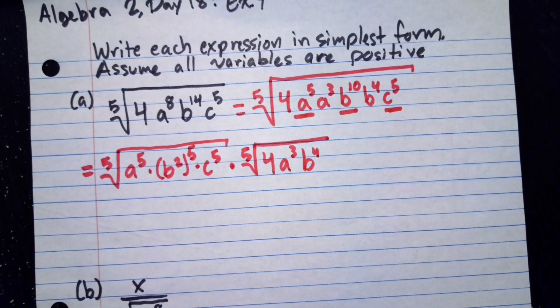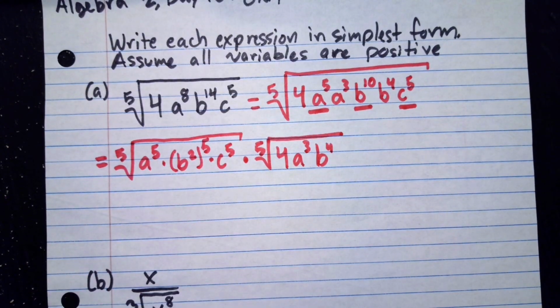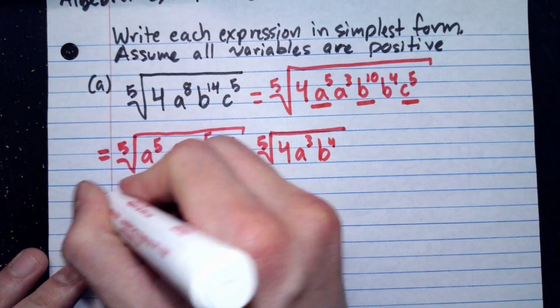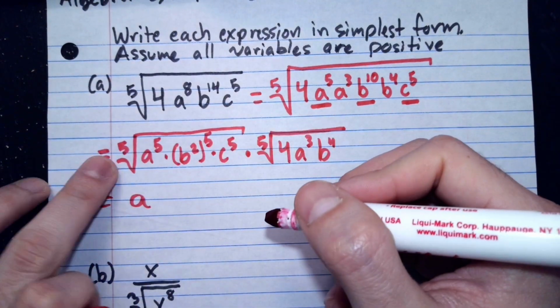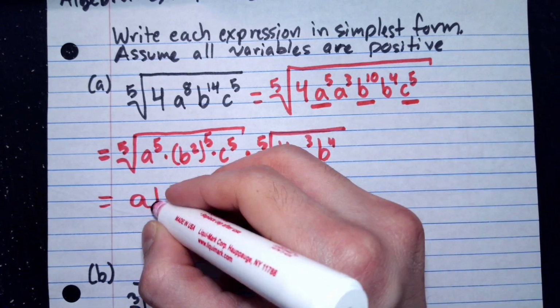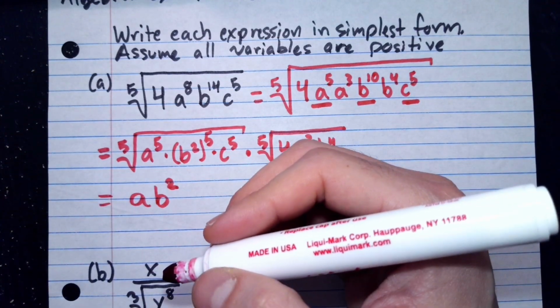And so now that we are here, now we can take a fifth root of all of these things and they'll simplify very nicely. The fifth root of a to the 5th power is just a. The fifth root of b squared to the 5th power is b squared. And the fifth root of c to the 5th is just c.